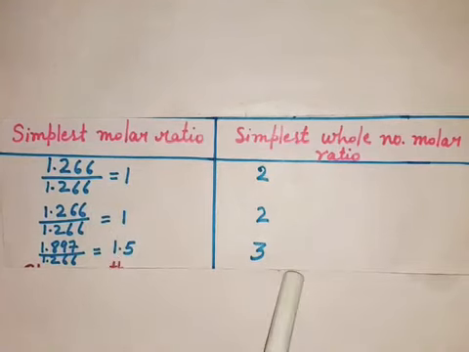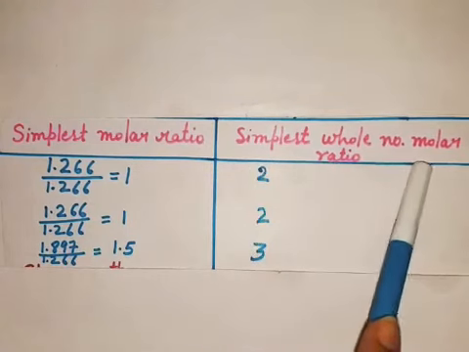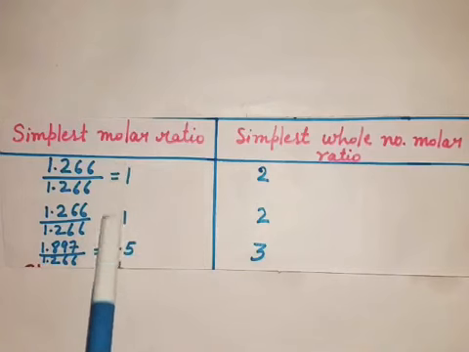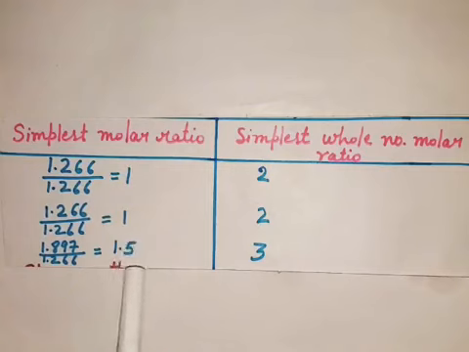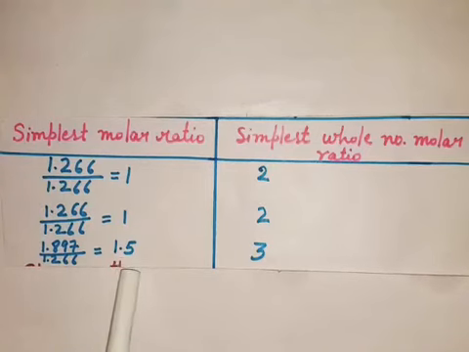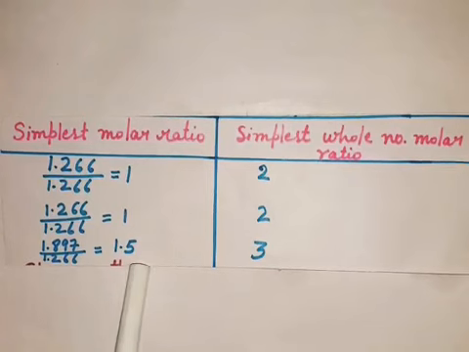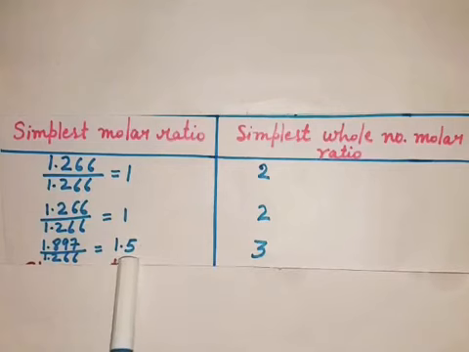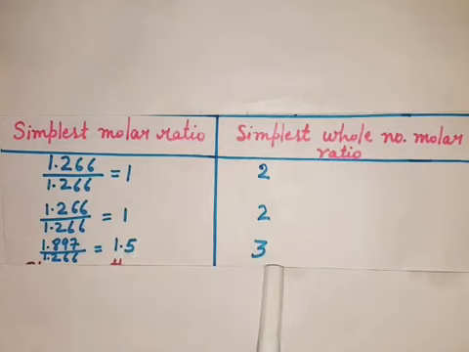Now in the next column, simplest whole number molar ratio. That means you have to convert this fraction into a whole number. Here this is 1.5. No atom can be present in fraction, so we will convert this into a whole number. We have to use the least number, because when we multiply 1.5 by 2, it converts into 3, and 3 is a whole number.